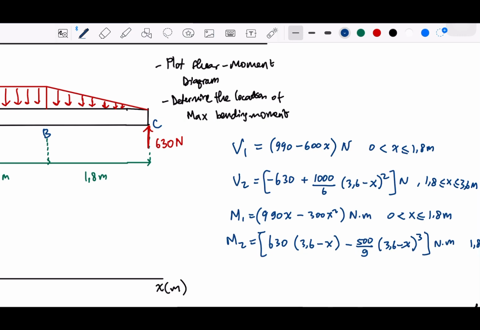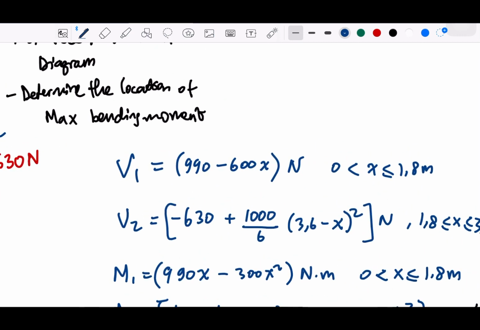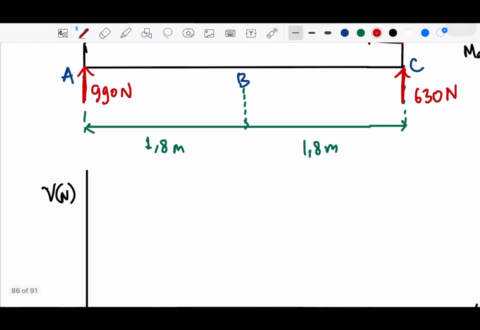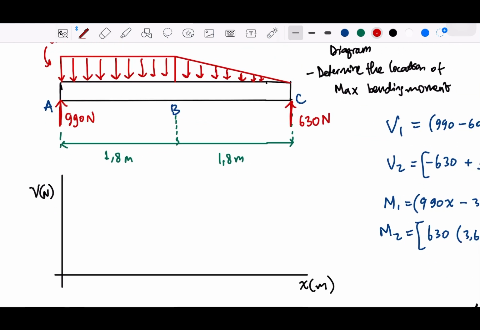So V1, we can take x equals 0 to make sure that V1 is 990, and also this is taken from the picture. We can make sure maybe this is our starting point.